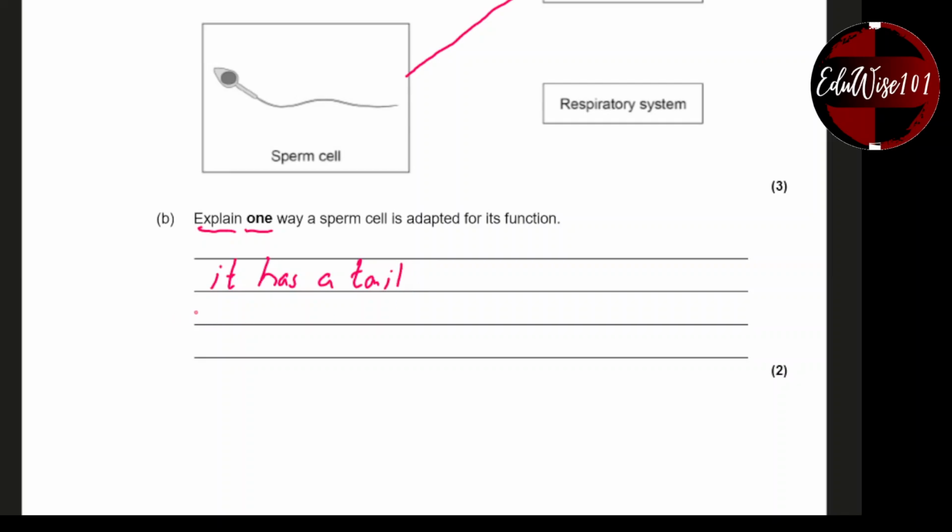The reason is to help it swim, or you could say it has a lot of mitochondria.